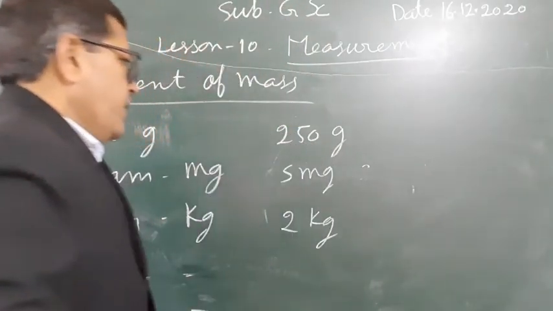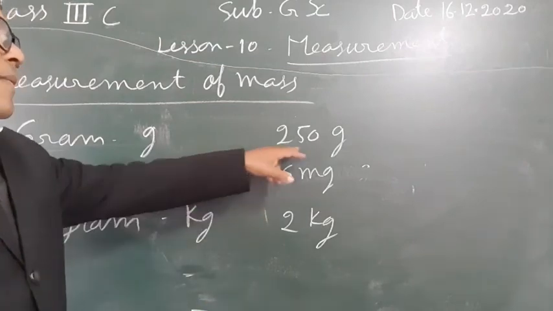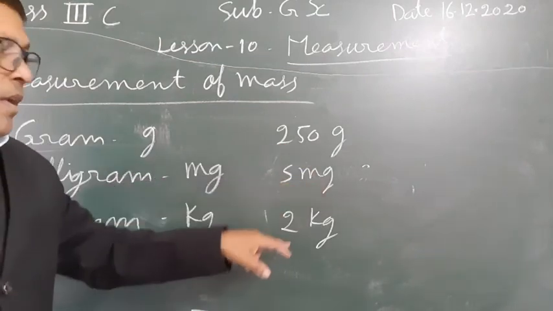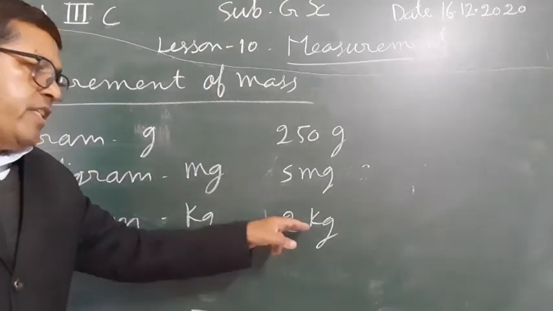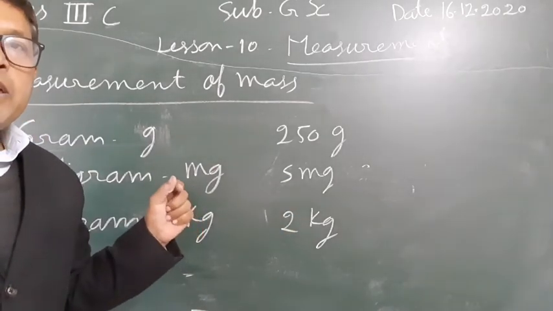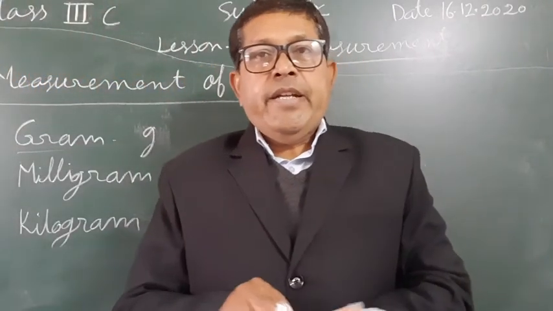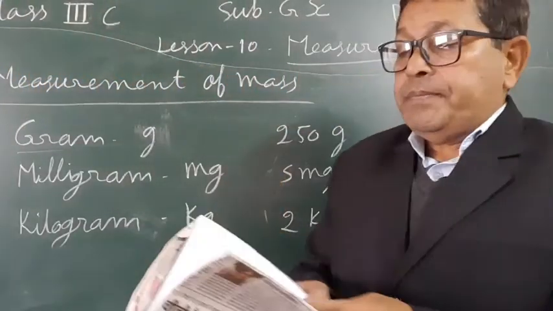It means 250 gram, 5 milligram, and 2 kg means 2 kilograms. So these are the short forms we generally write in this way.